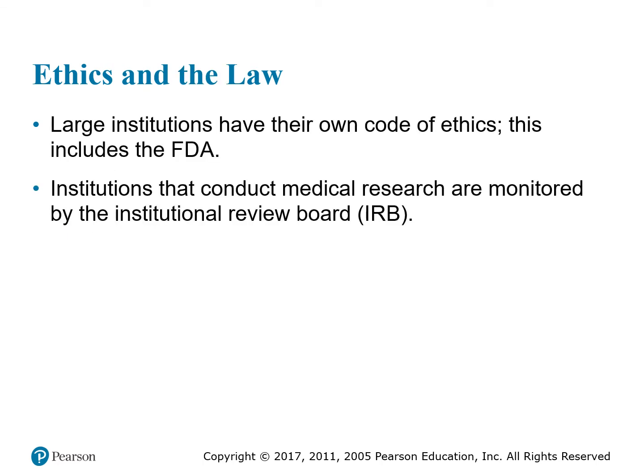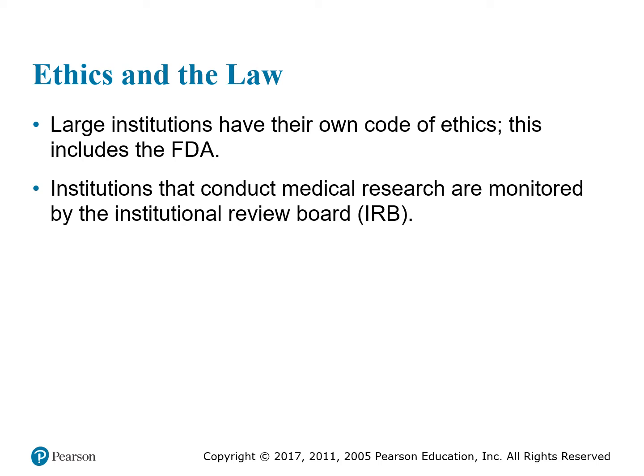So large institutions will often have their own code of ethics. This includes the FDA, and there are other administrations like the Environmental Protection Agency, the National Institutes of Health, and all of the major universities have their own code of ethics. And typically they're even more stringent than the Nuremberg Code and the Belmont Report.